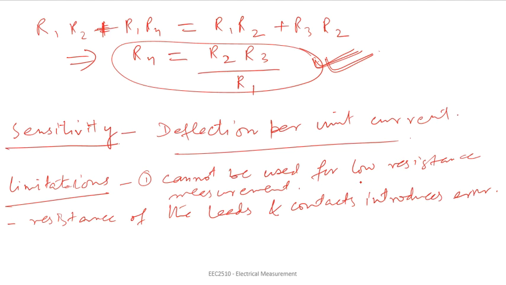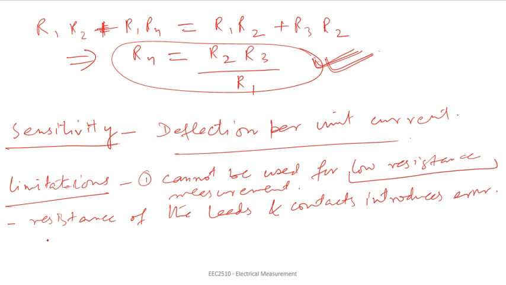If we focus on low resistance measurement, we have just discussed that due to the resistance of the leads and contacts, we cannot measure low resistance with the Wheatstone bridge method. We have a different method for measuring low resistance values, known as Kelvin's bridge method.